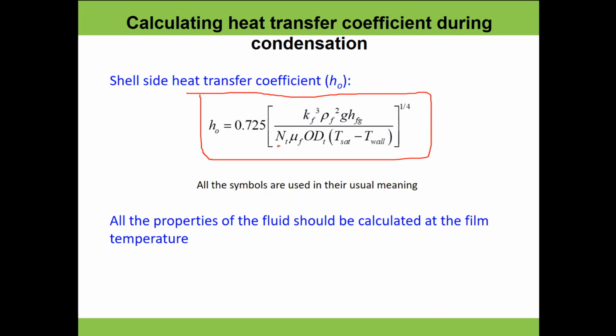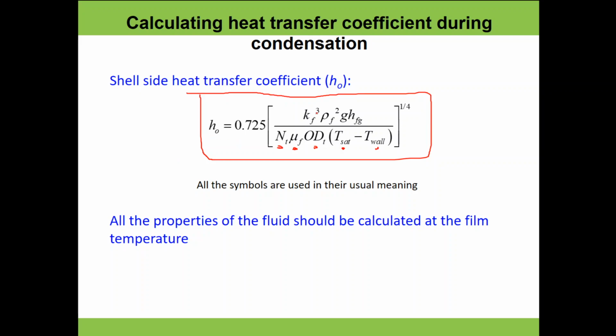The number of tubes, the viscosity of the liquid, the outer diameter of the tube, saturation temperature, wall temperature, conductivity, density, and the latent heat, basically the heat of condensation or heat of vaporization. These are the quantities we need for calculating the heat transfer coefficient for the steam side.